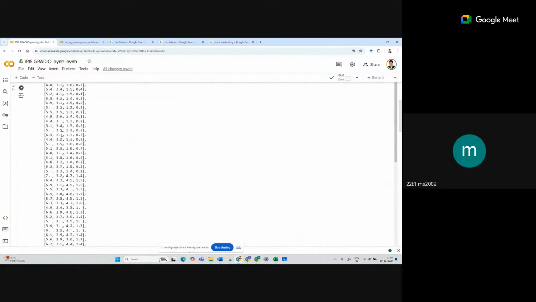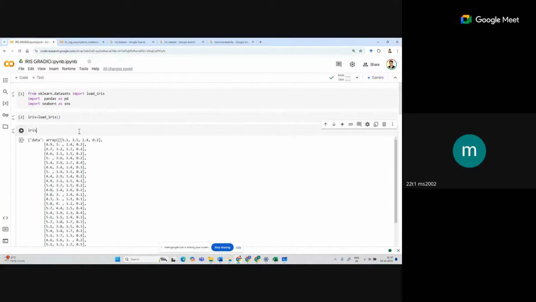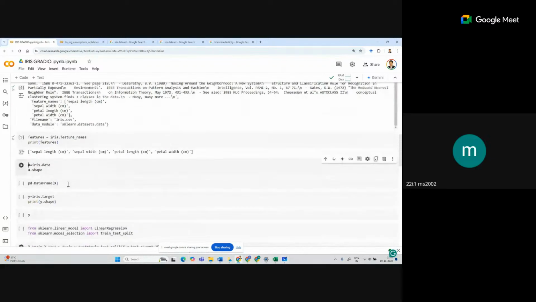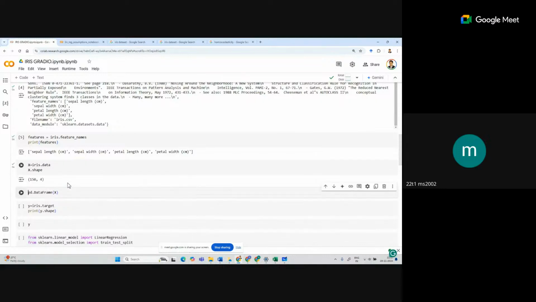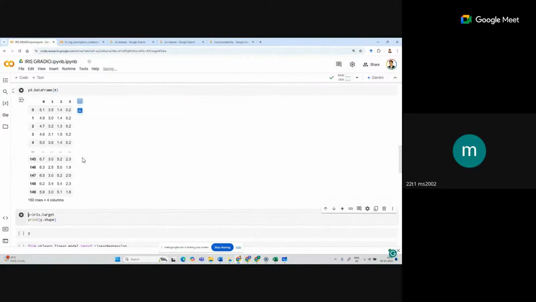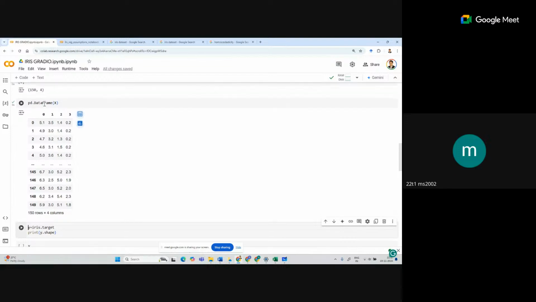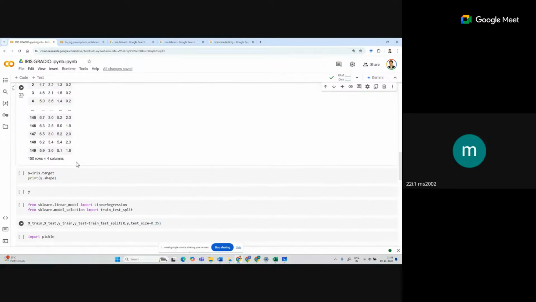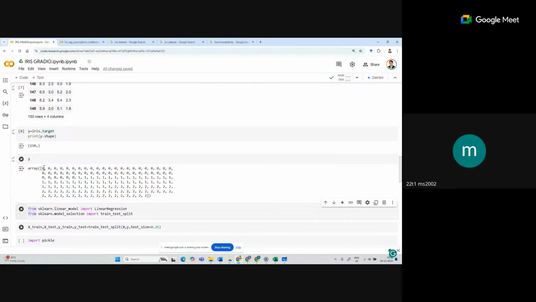Let me run this and show you what it is. Iris, one is feature names. So these are your features. What is 0? 0 is nothing but sepal length. 1 is sepal width. This is your petal length and petal width. And with this, what are you going to predict? Whether it is setosa or versicolor or virginica.